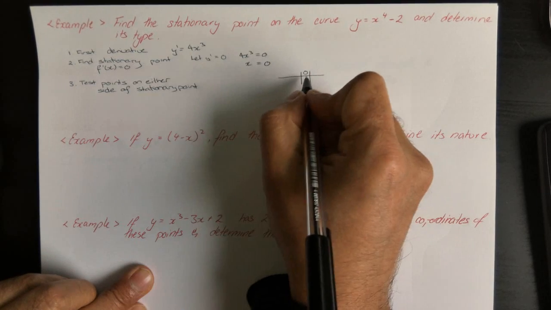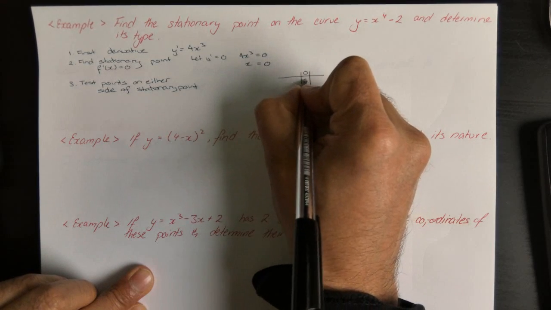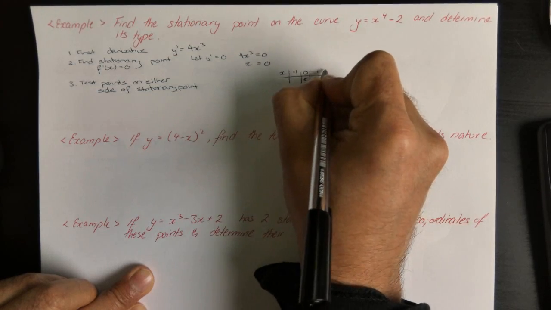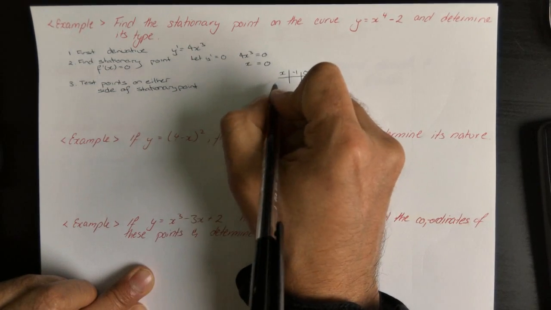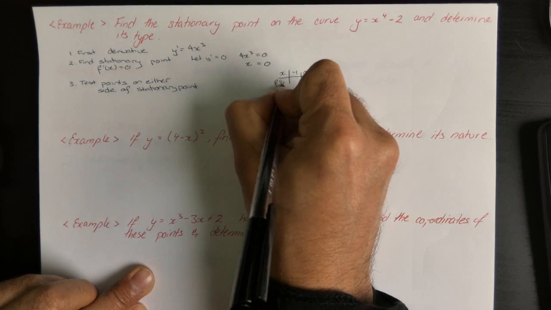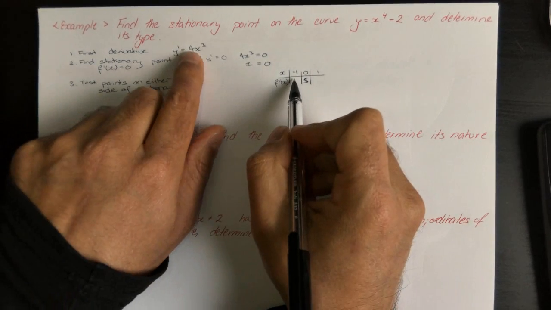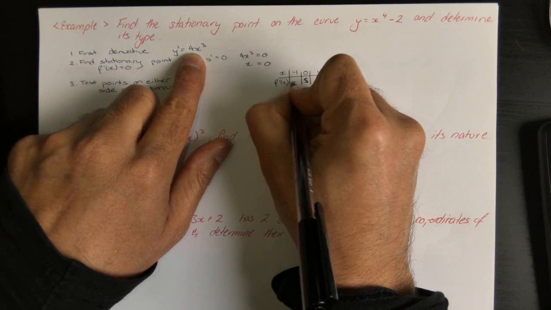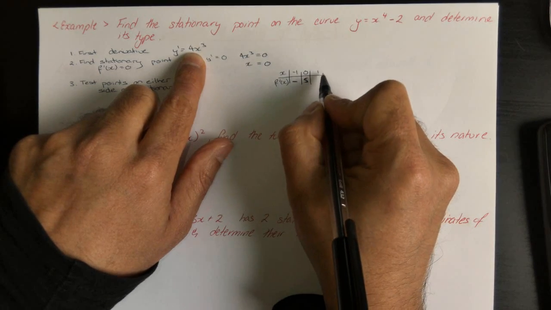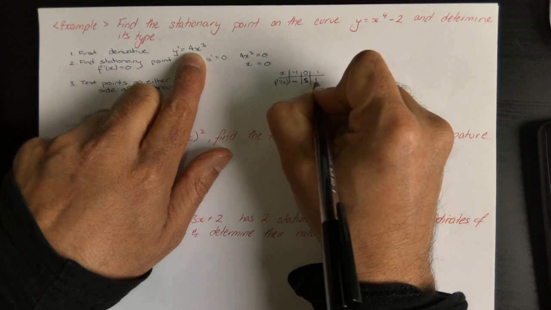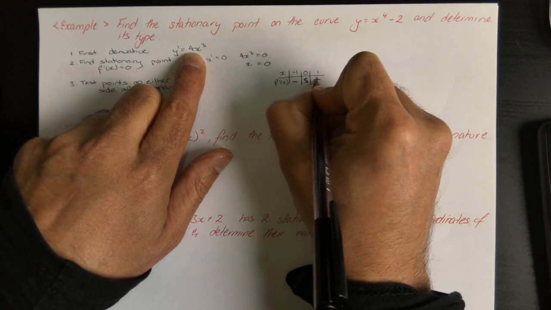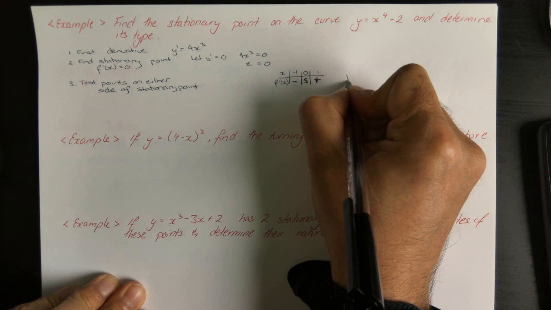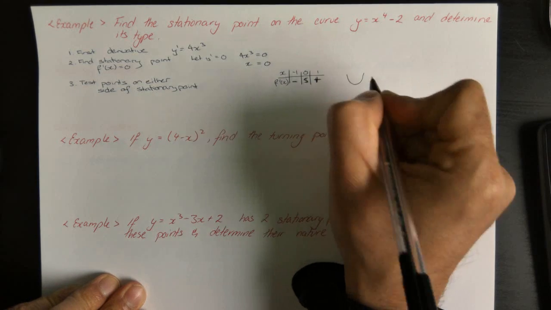If my stationary point is x equals 0, I could do negative 1 and 1, and I'm going to plug them into my first derivative. When x equals negative 1, I'll get a negative number, and when x equals 1, I'll get a positive number. So basically we've got a gradient going down, we get to a stationary point, and then we're increasing.